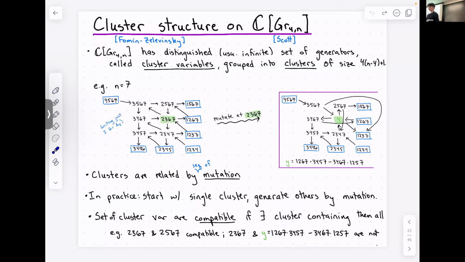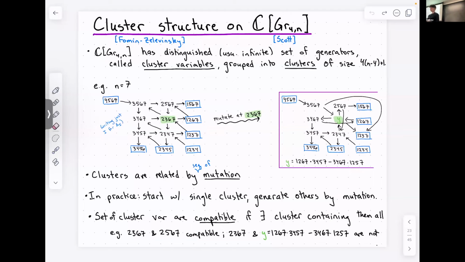Just as a reminder, I should emphasize something that Christina said, which is that for the vast majority of clusters for Gr(4,n) and most Grassmannians, we don't know anything about them. We can't characterize them. So in practice, there's no good way to verify if some element of the coordinate ring is a cluster variable or not.